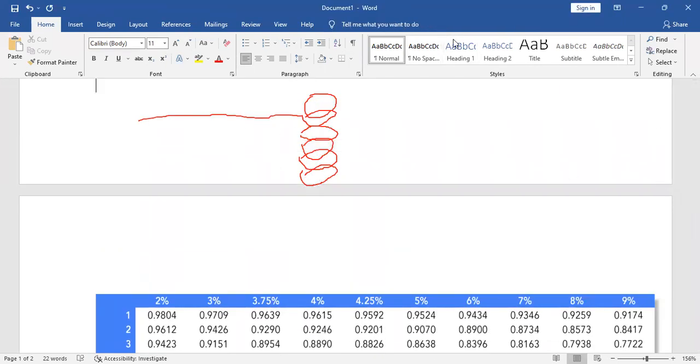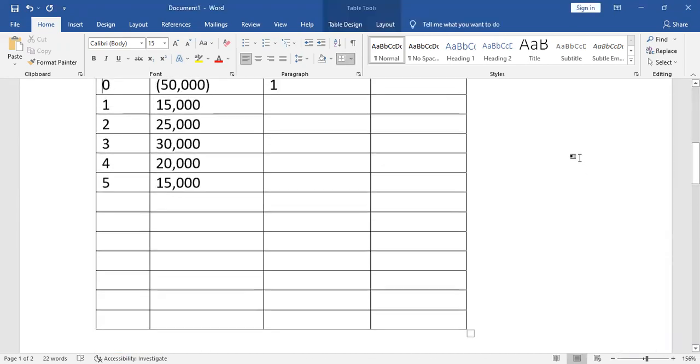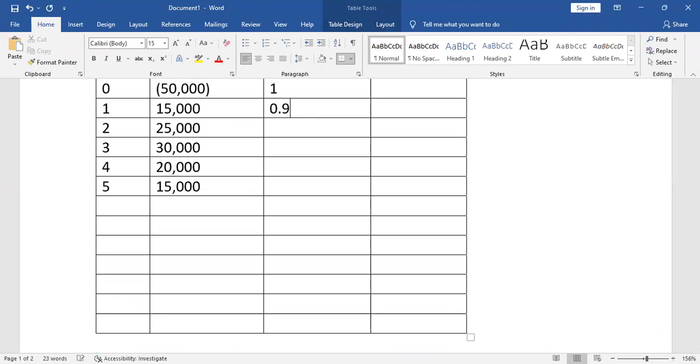So the first one is 0.9615 for year 1. Year 0 will always be 1, like I said. The second one is 0.9246.